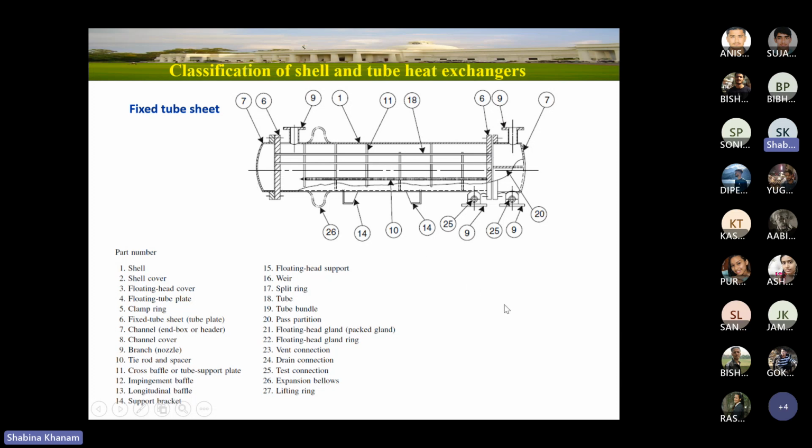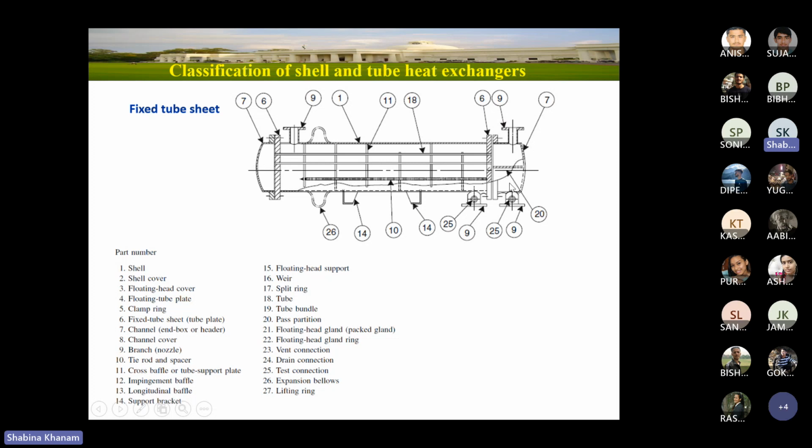Similarly, if I consider four tube passes, tube passes will always be in even number, 2, 4, 6, like that. So this is two tube pass. For four tube passes, two partition plates will be placed over here, one available here, second available here, and here a partition plate will be available at the middle.